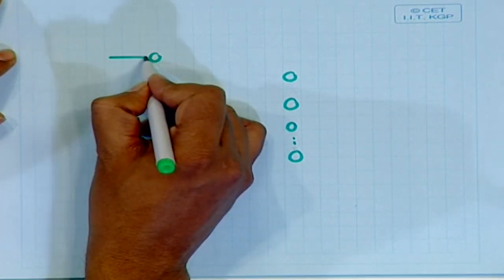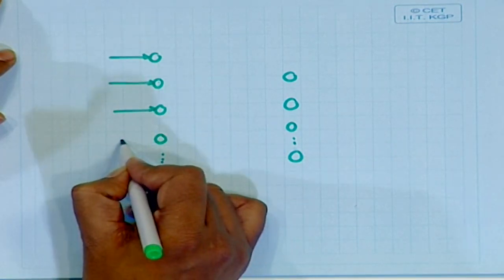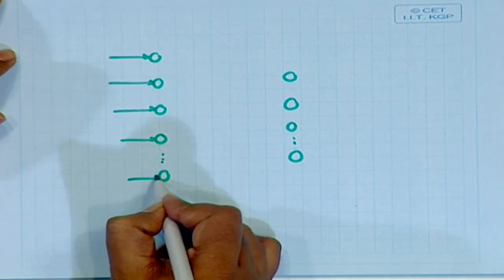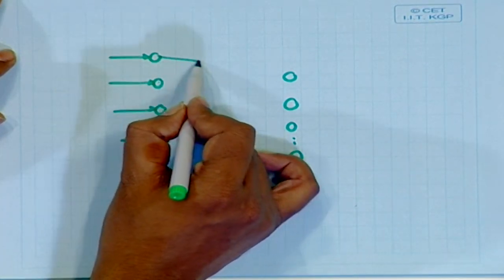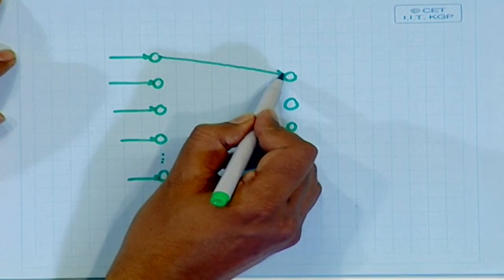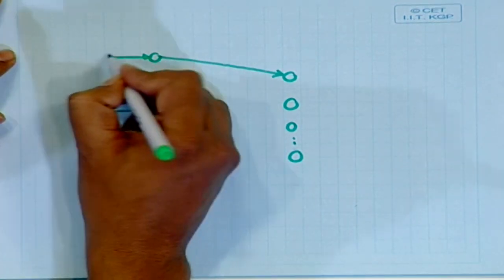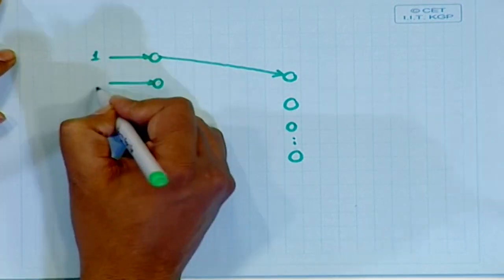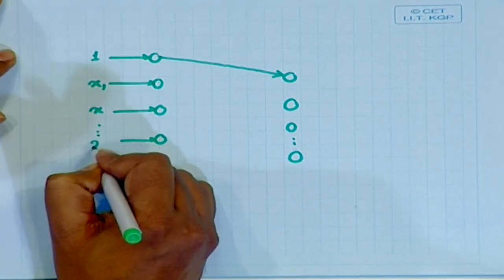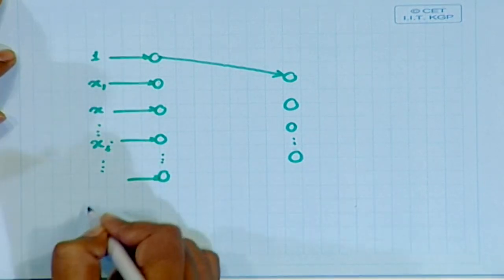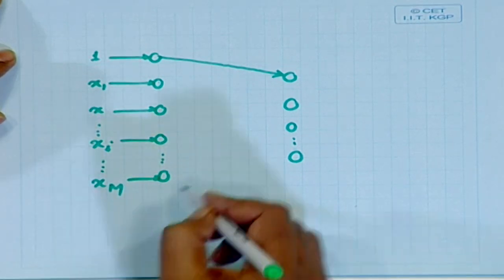The feature components are fed to the input layer, which is simply passed to the output of the input layer neurons. So, these are my, say this is 1, then x1, x2, say this is xi, then I have xm.